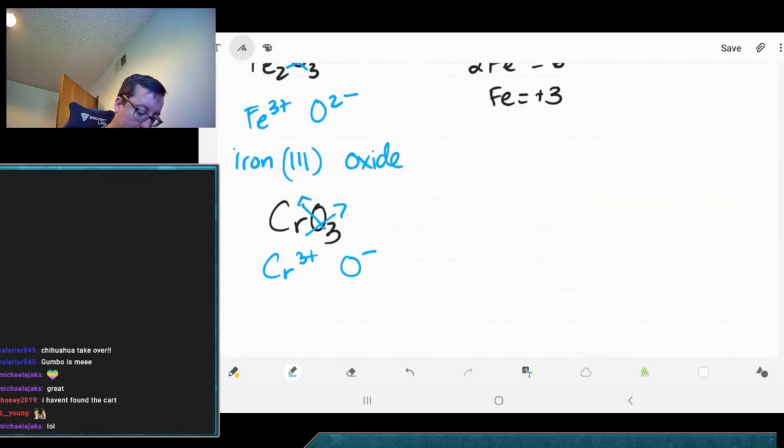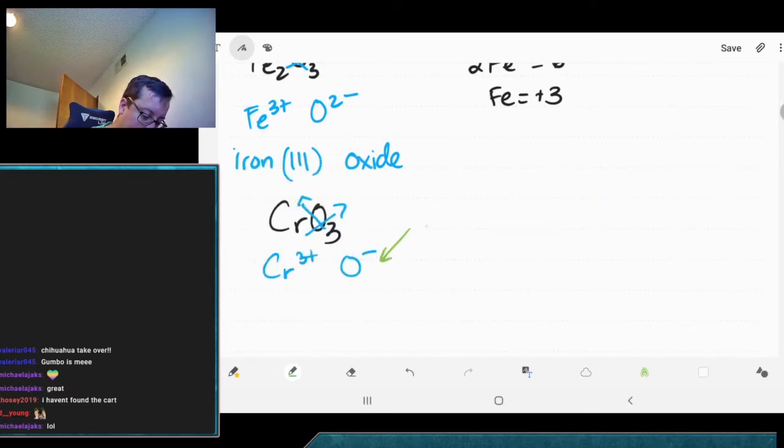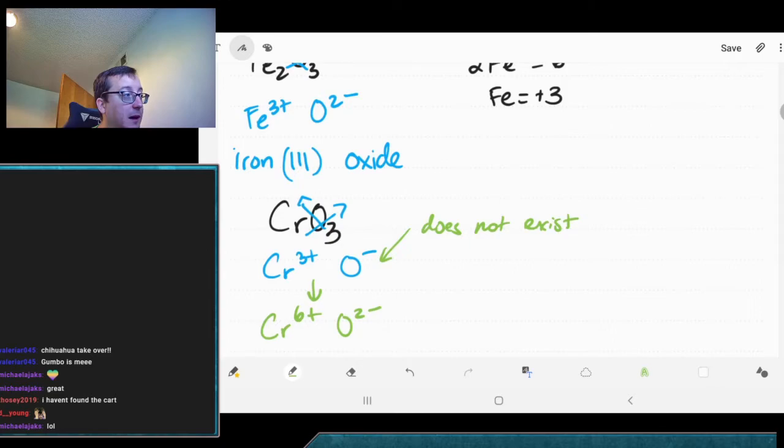Aha, but. We do not have O minus, do we? So, you have to multiply everything by 2 to get it to O2 minus. So that tells us that we really have O2 minus. So we need to multiply our other one by 2 to get 6 plus.